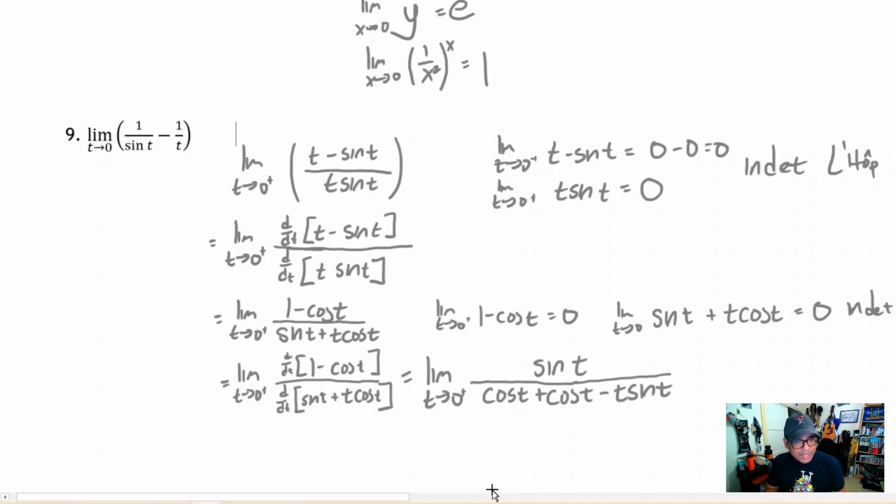This time we get sine t over cosine t plus cosine t minus t sine t. As t approaches 0, sine t approaches 0 as well. But the limit as t approaches 0 of 2 cosine t minus t sine t, well, that's equal to 2.